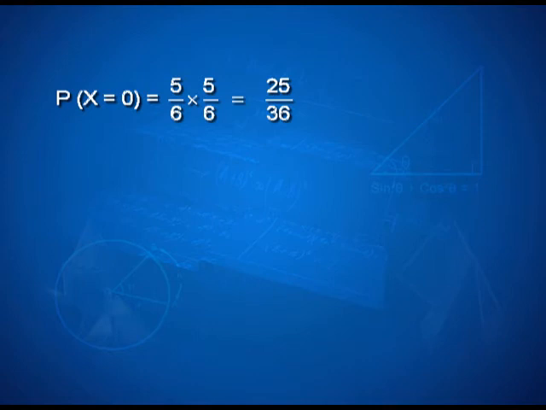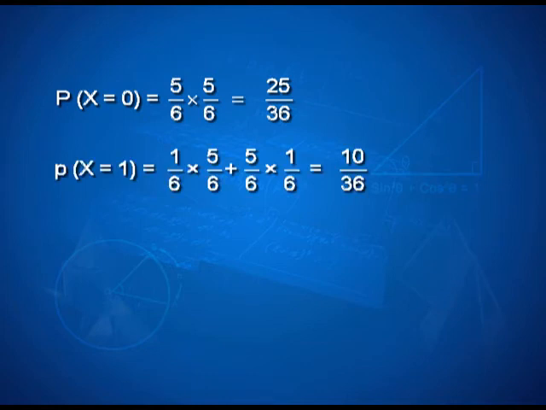Also note that for the probability of x equal to 1, I can get a situation where the first die shows a 6 and the second does not, or the first does not and the second does. So, it has to be 1 by 6 into 5 by 6 plus 5 by 6 into 1 by 6, resulting in 10 by 36.